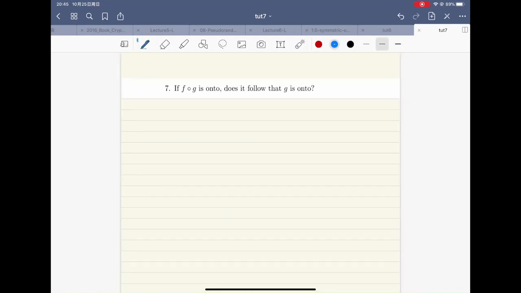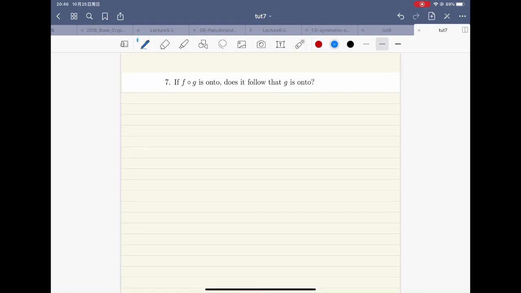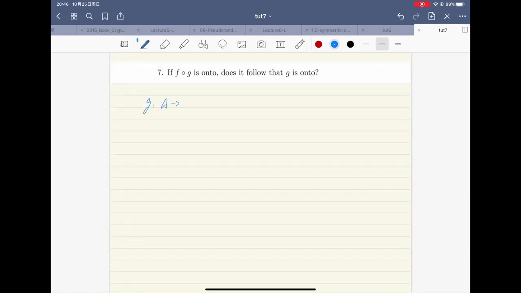Question 7 asks: if the composition function f circle g is onto, does it follow that g is onto? So suppose that we have a function g that maps from A to B, and we have a function f that maps from B to C. Then we have the composition function f composite g that maps from A to C. And it says the composition function f circle g is onto.